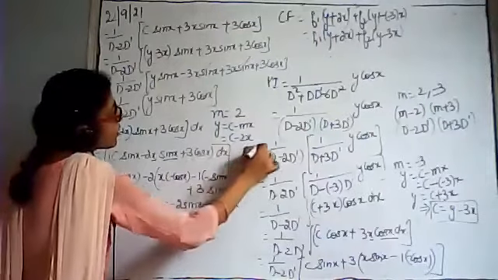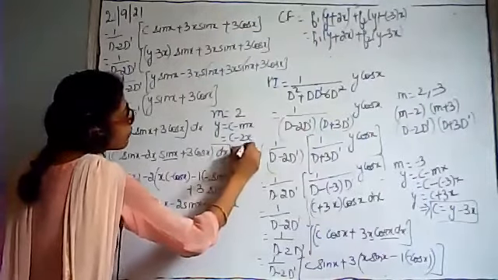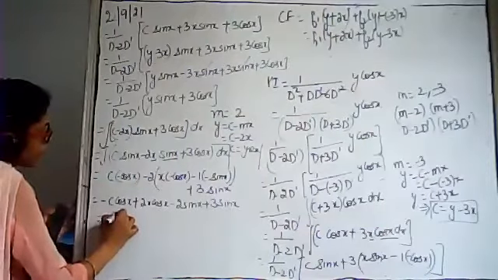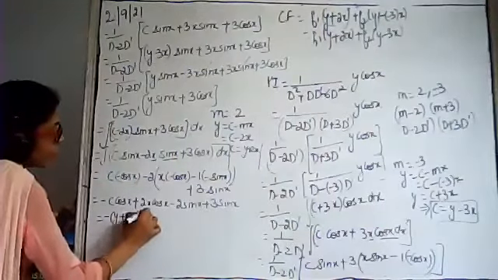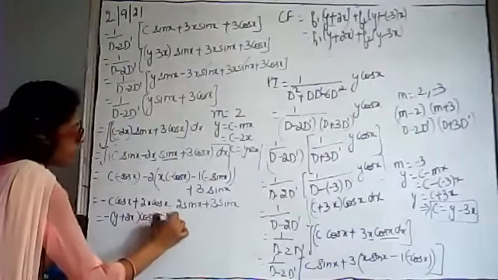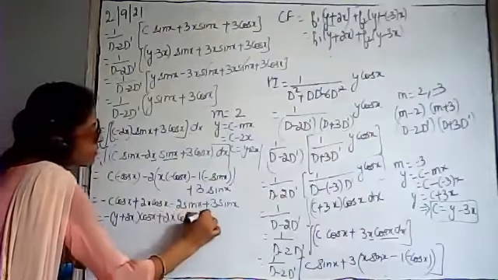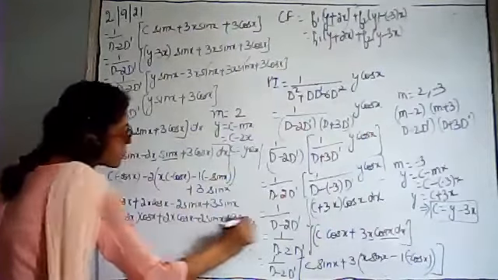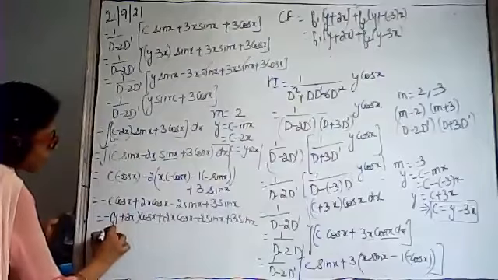Again, substitute the value of c. It will be y plus 2x. So c will be y plus 2x, into cos x, plus 2x cos x minus 2 sin x plus 3 sin x. So open the brackets again.